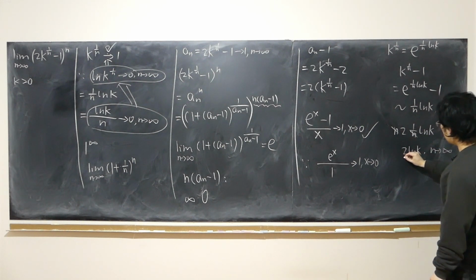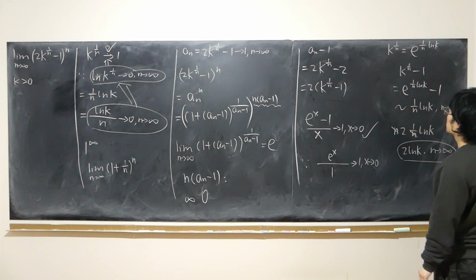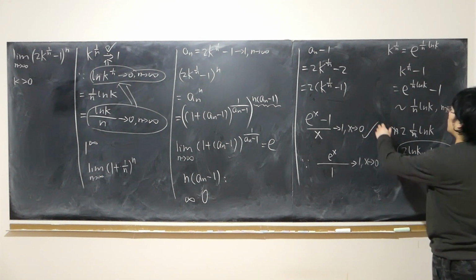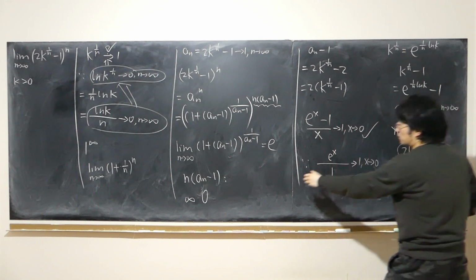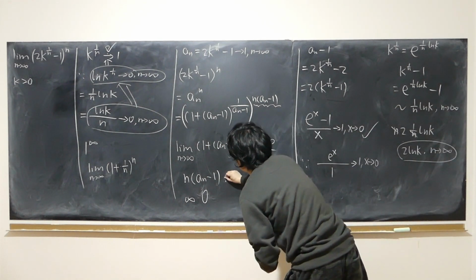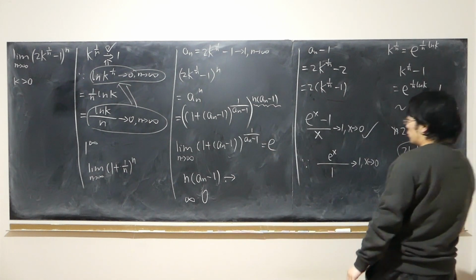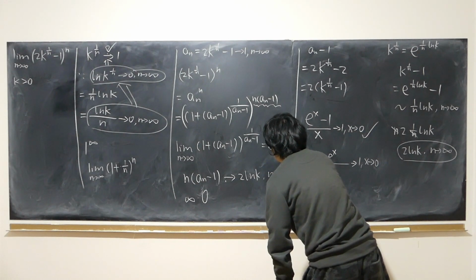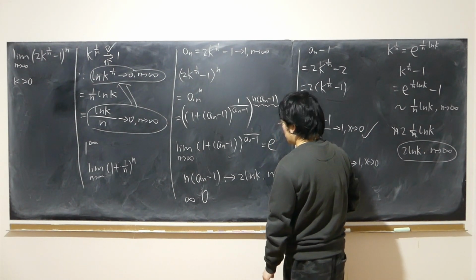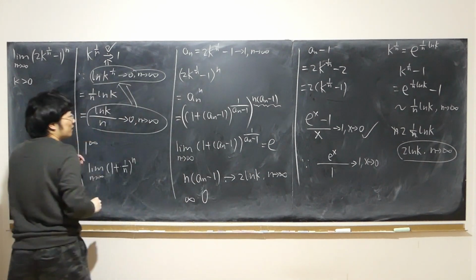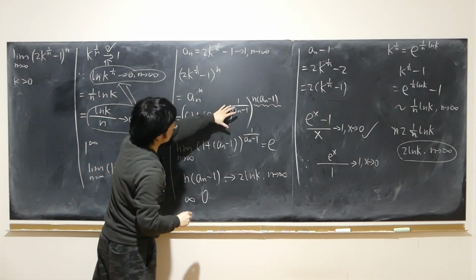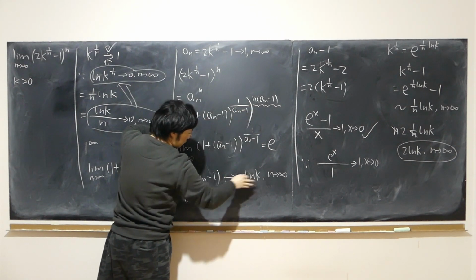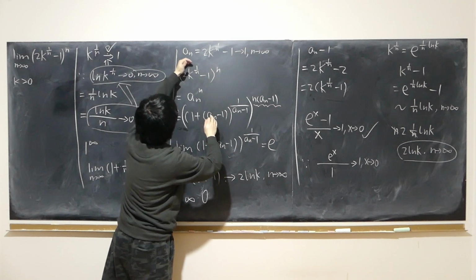That implies that the power approaches 2 times log k. Like I mentioned, the base approaches e and the power approaches this constant.